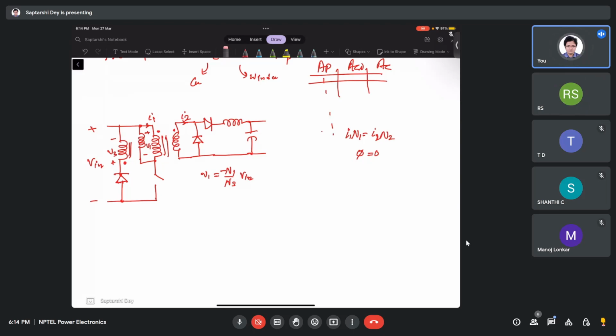So the magnetizing inductor current, if I call it IM, is dropping across this voltage. So minus N1 by N3 V in equals Lm dIm/dt. So it's a linear drop like this and becomes 0. So the slope is finite.